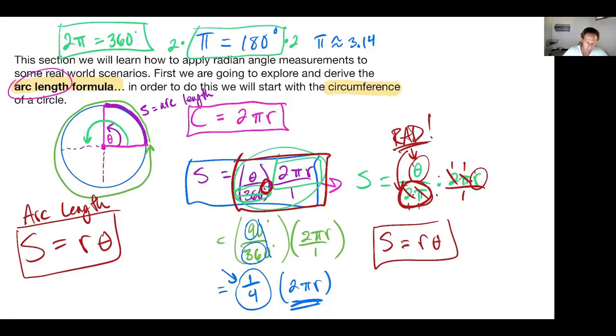So the way that you can remember this is, yes, it is very cool. This formula is way nicer. It is rad. And it is so rad that we have to make sure that if we're going to use that nice simplistic form of arc length, our angle has to be in terms of radians. Okay? So be careful with that.